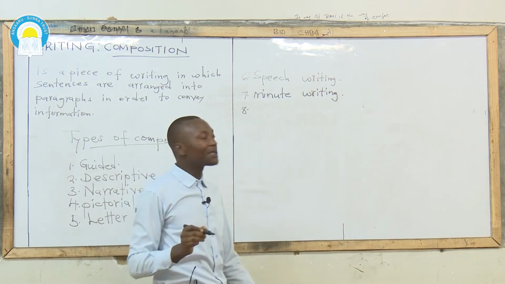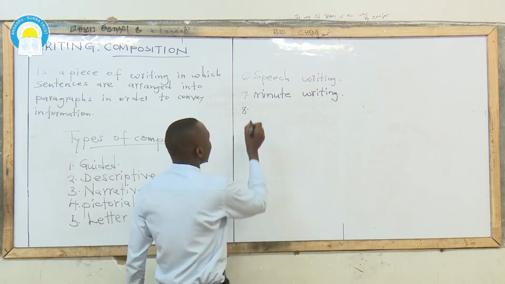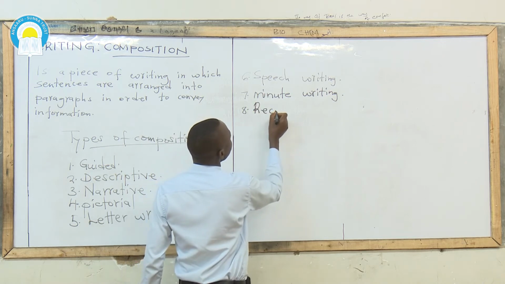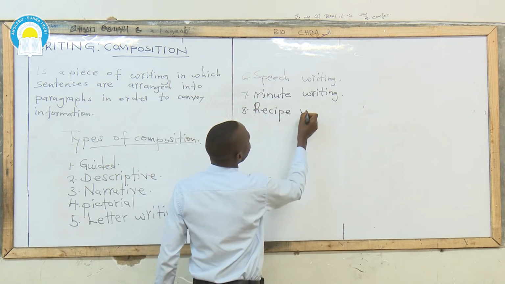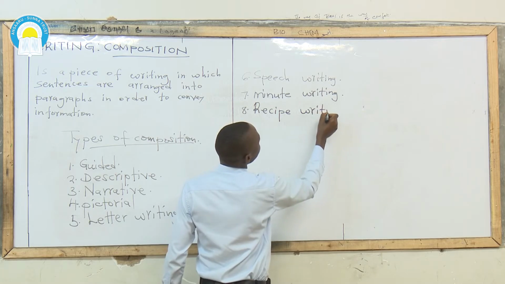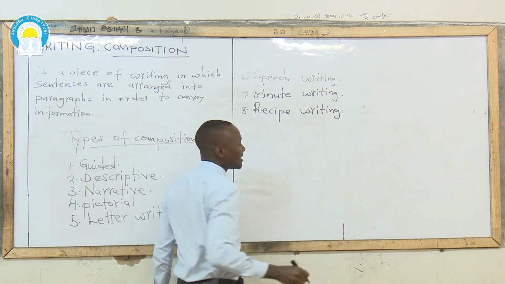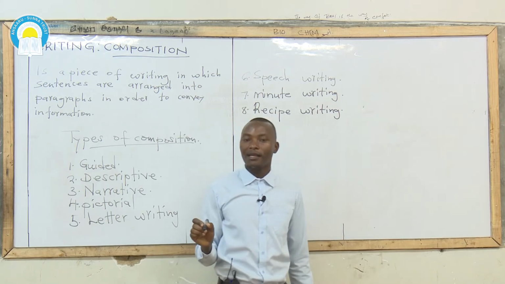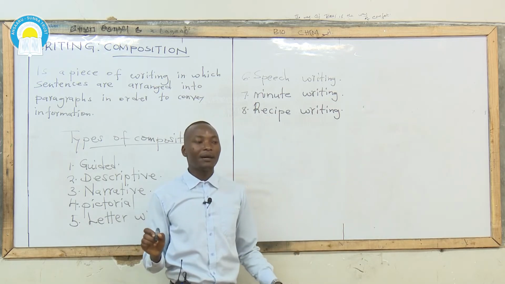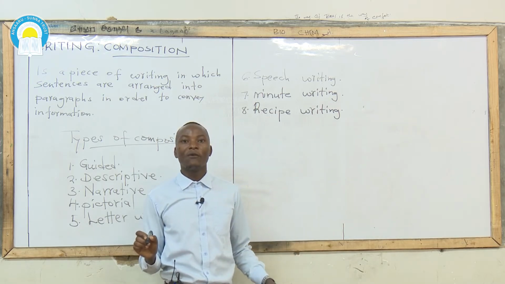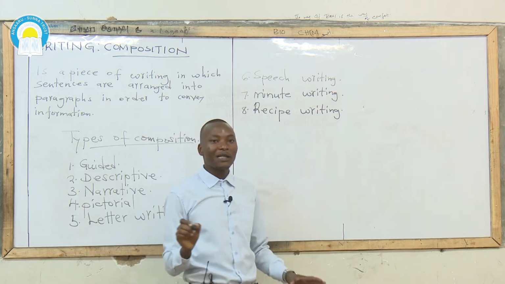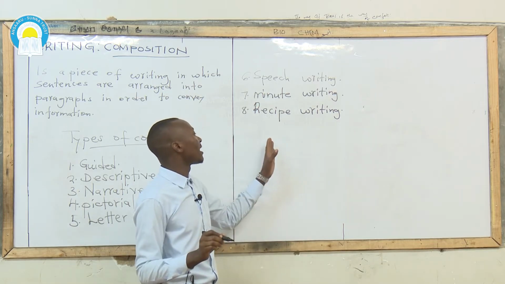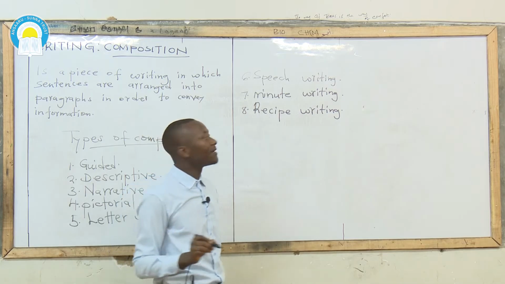Then there is what is called recipe writing. Recipe writing is very advantageous to the learners who would be pursuing careers in cookery. If you would like to be a chef, then you must be well conversant with writing different recipes.